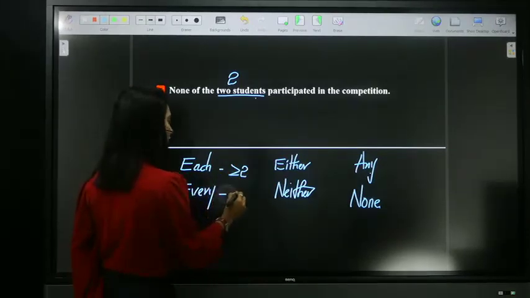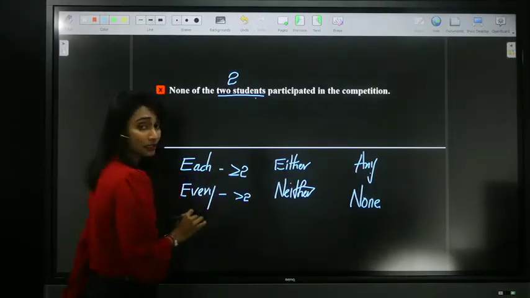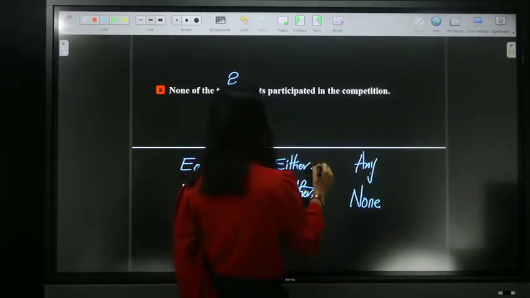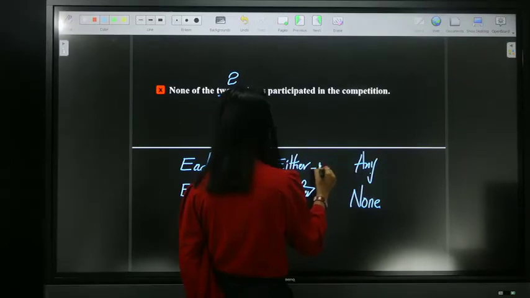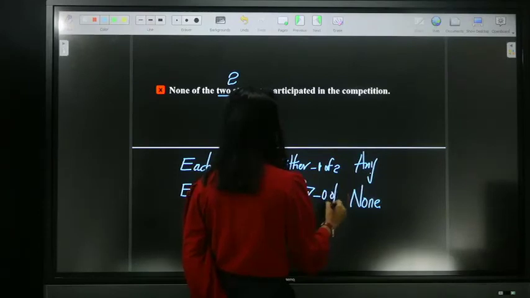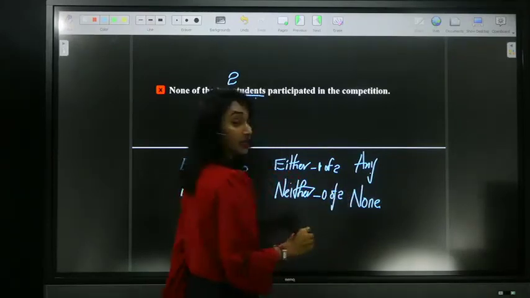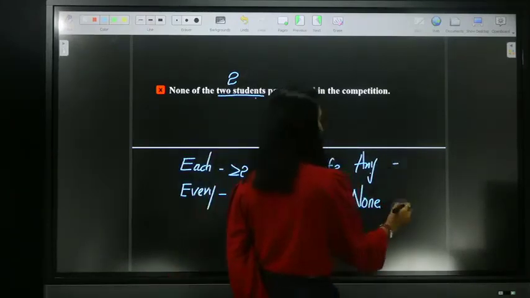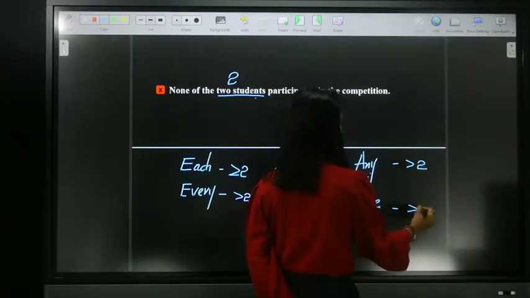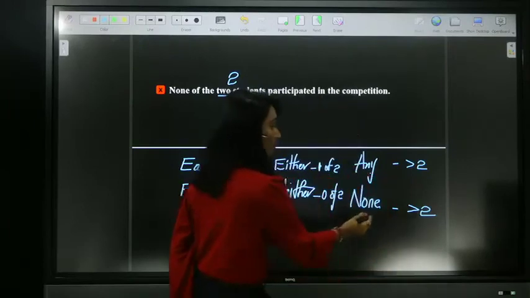Every is used for more than two but not two. Either is used for two to indicate one of two. Neither is used for two to indicate zero of two. Any is used for more than two. None is used for more than two but not two.